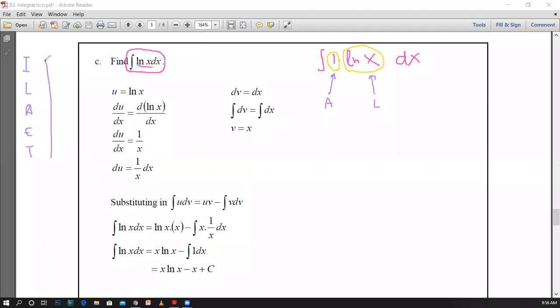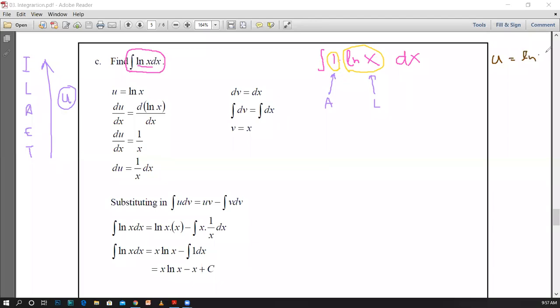Therefore, in this direction, you have to give the priority to function u. Then you can identify that u is equal to this logarithmic function. Therefore, we can easily say the value for u is now equal to ln x.